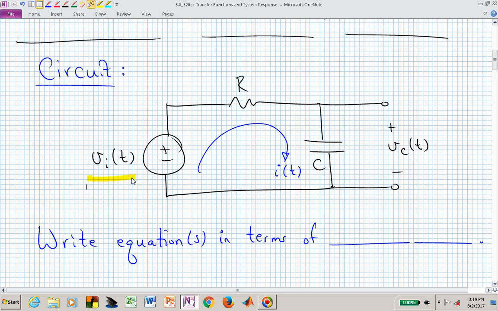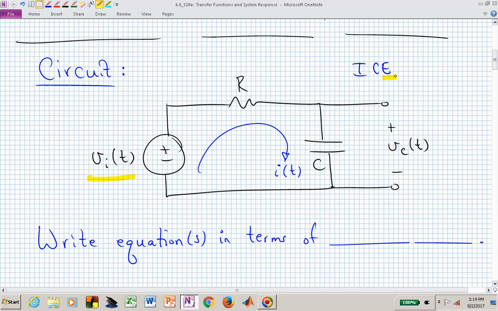Our energy storage device in this particular circuit is a capacitor, and because of that, we know Eli the Iceman. Now we're focusing on the second acronym in that expression, which is ICE, the capacitor relationship between current and voltage.